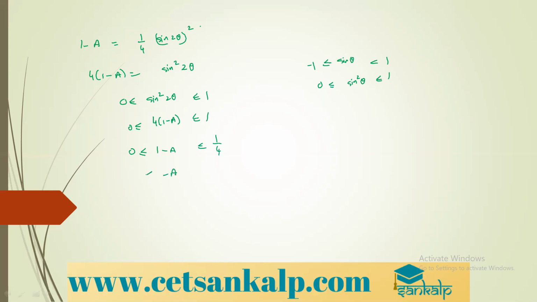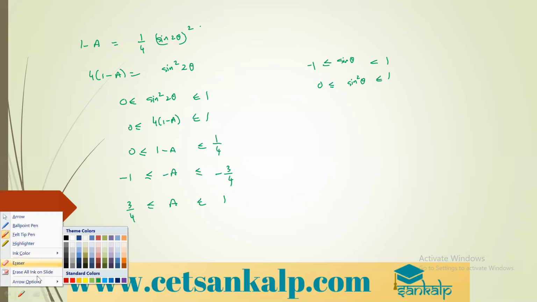Or minus A will be greater than or equal to minus 1 and less than or equal to 1/4 minus 1, that is minus 3/4. I will change all the signs, so it becomes 3/4 here and 1 here. So A is between 3/4 and 1, which is the option for this question.